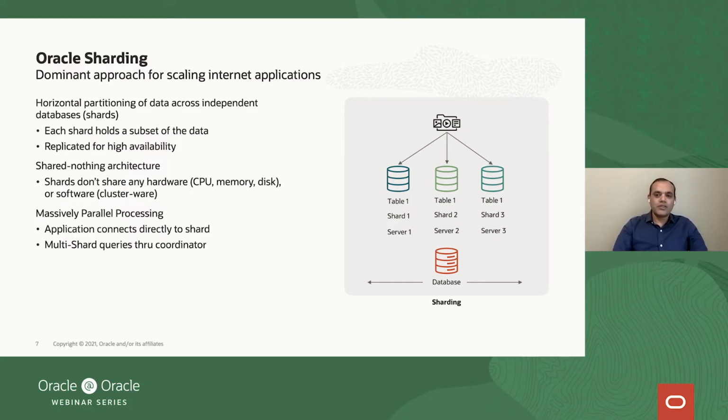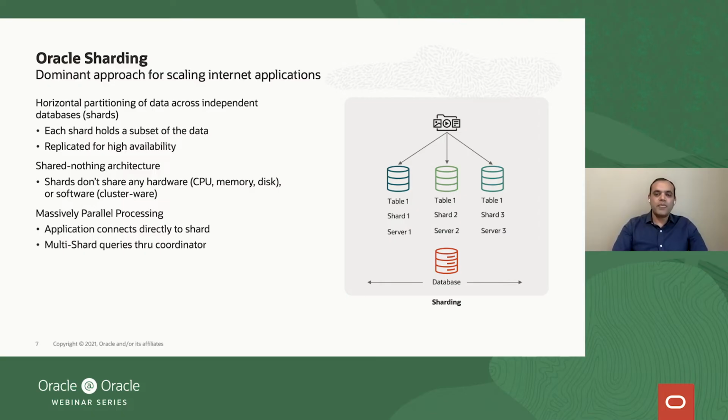What we have also done is enhance the JDBC driver, the Universal Connection Pool driver, and the C, C++, Python, and Go drivers, all the different drivers with which applications connect to the database. They understand sharding, this data distribution and data placement.